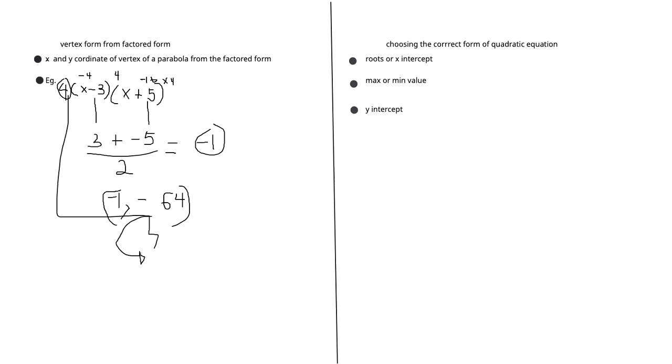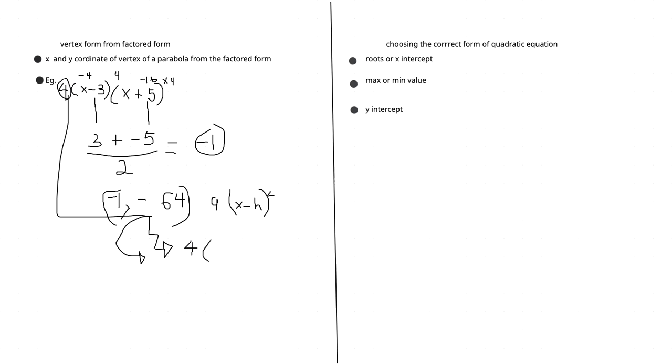So start by writing your a, which is 4, multiplied by, the vertex form is given by something like this: a multiplying x minus h all squared, then plus k.